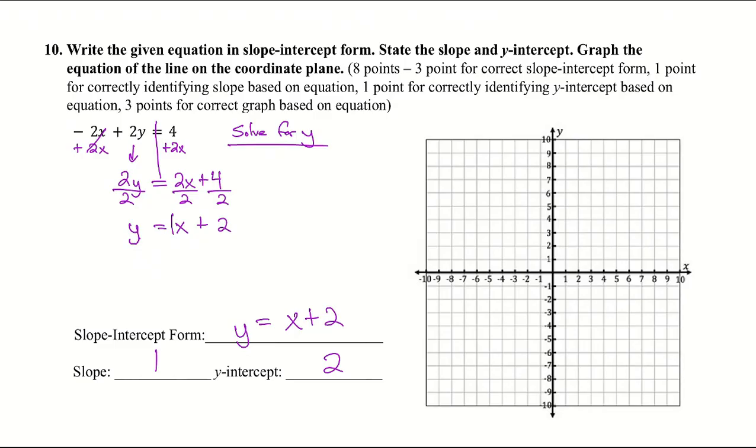So we can use the y-intercept of positive 2. We can use the slope of 1, or 1 over 1, for a rise and a run. So rise 1, run 1. Here's your next point. Rise 1, run 1.